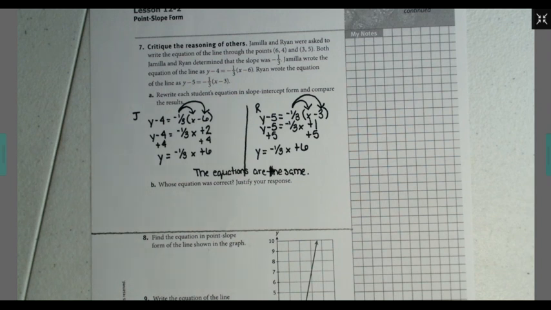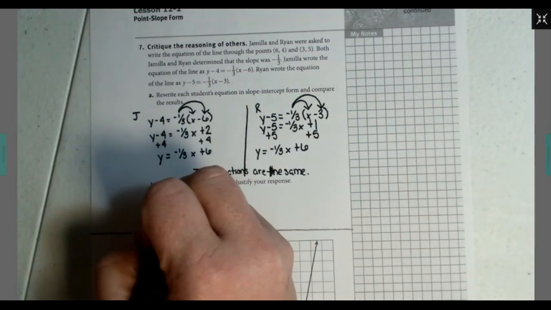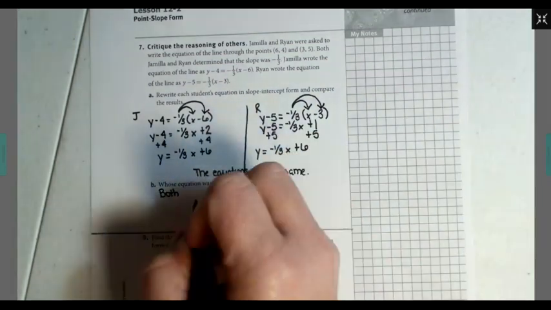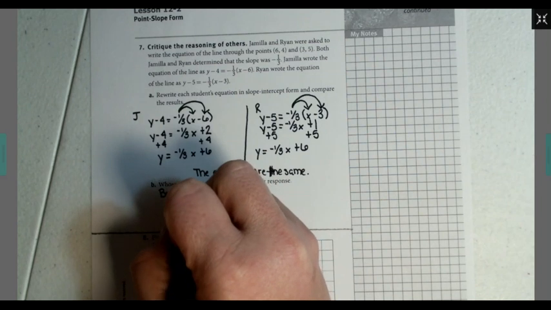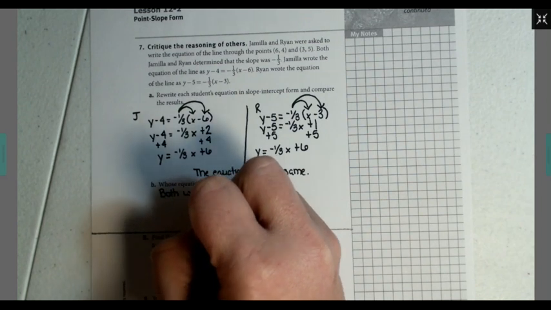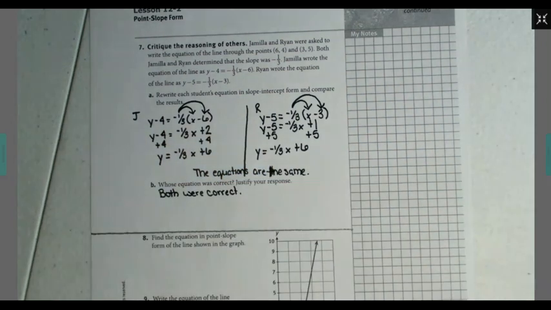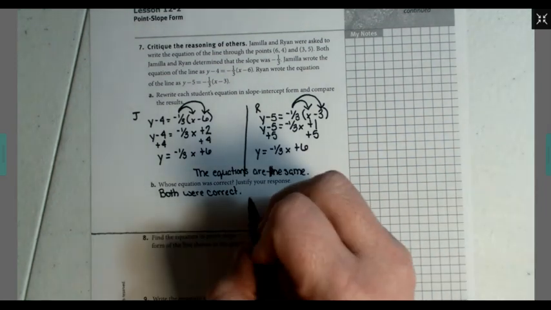Both Ryan and Jamila were correct, because the equations represent the same line.